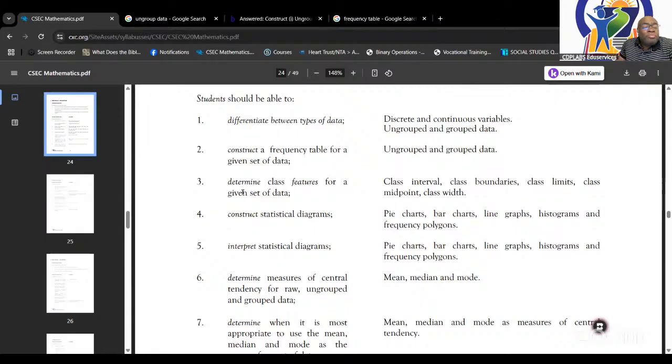When you talk about a frequency table and grouping the data itself, that's what we refer to as class interval. Good. So we have terms such as class interval, class boundaries, class limits, class midpoint, and class width. So we'll look at that. That's what this is all about. Good.